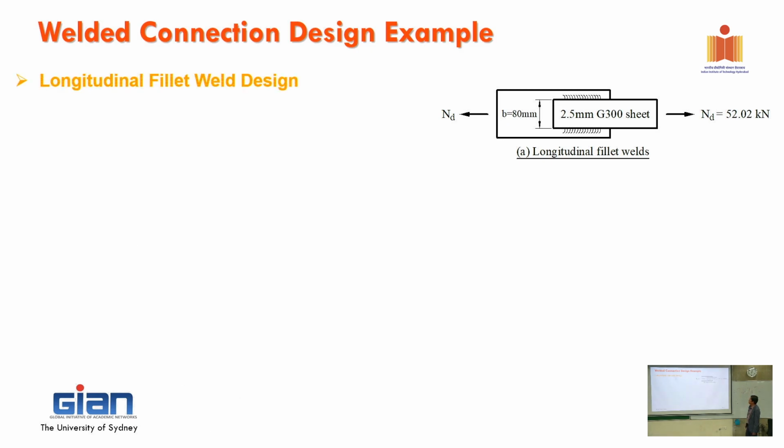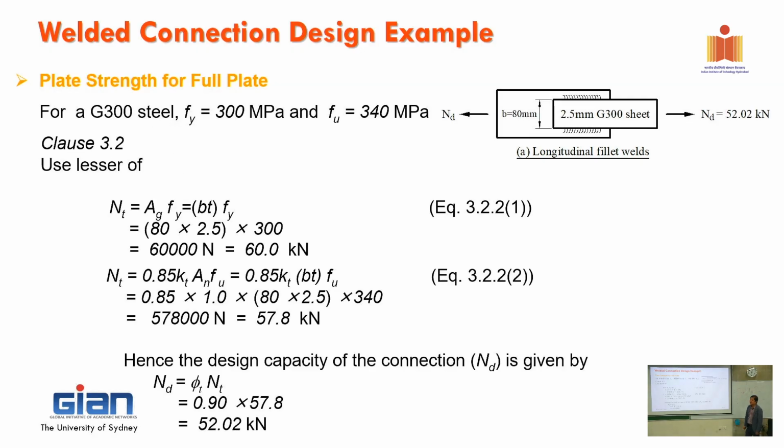Here actually we don't have any net section, because we don't have the hole. Do we need to consider the net section, that ultimate fracture, also? We just have to check. Yeah, we're not sure. It's safe to check both, even though it doesn't have the hole.